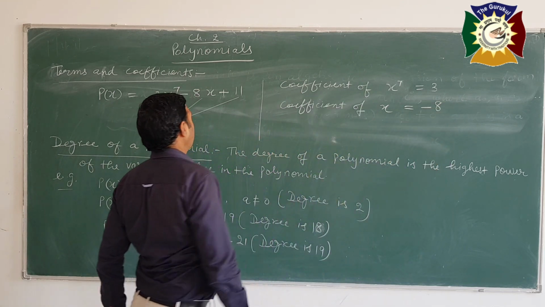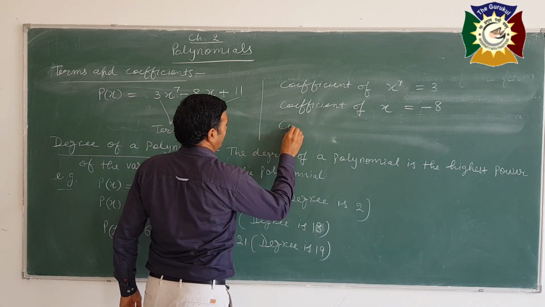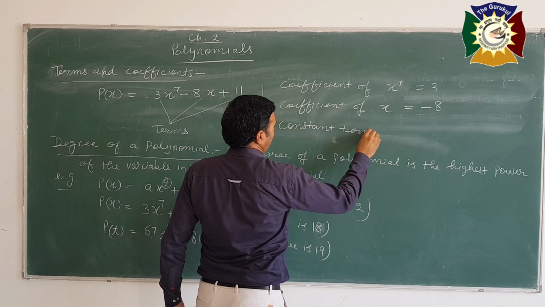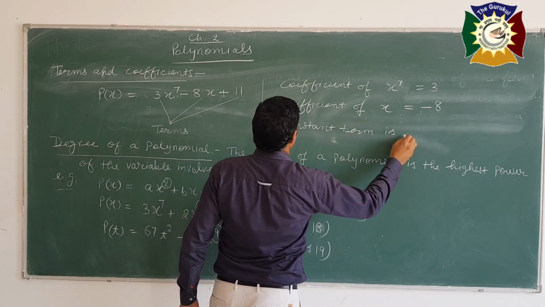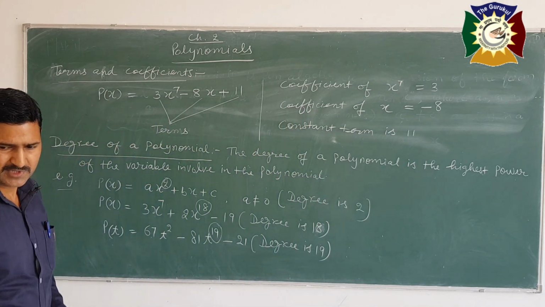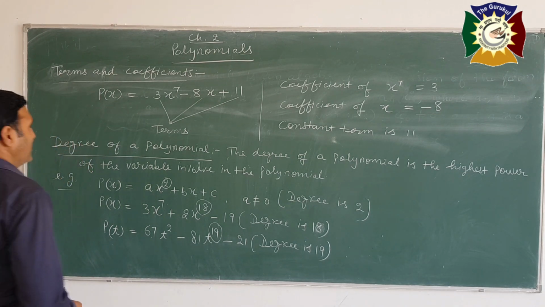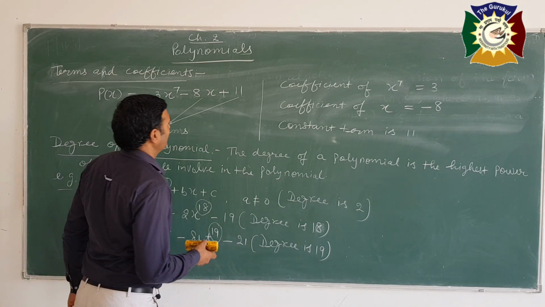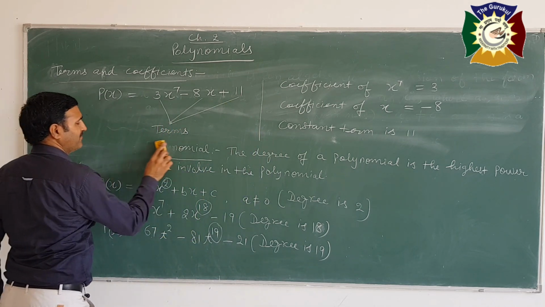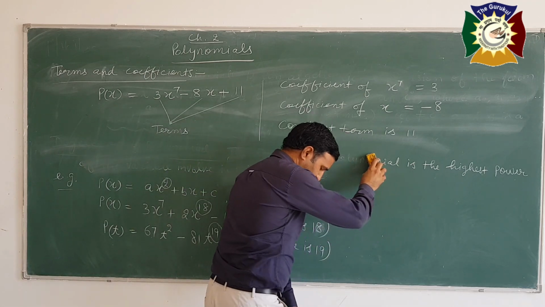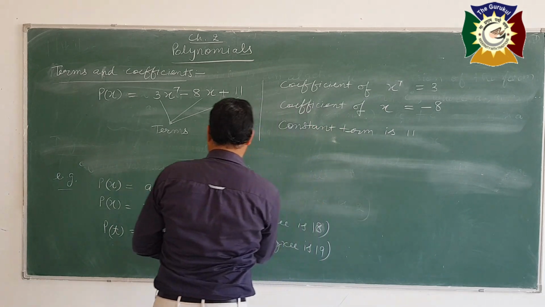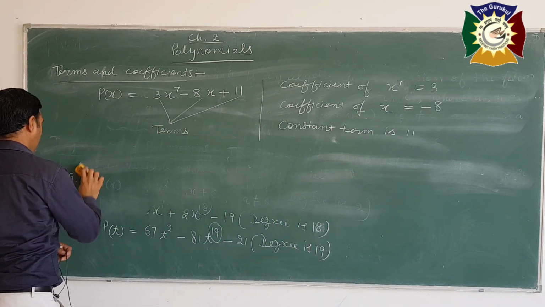Along with the sign, we will write the coefficient, and the constant term involved in this polynomial is 11. A term independent of variable, independent means in which the variable is not there, that is the constant term, and the constant term is 11 for this polynomial. So, these are the terms and the coefficients of the terms or literal coefficients.